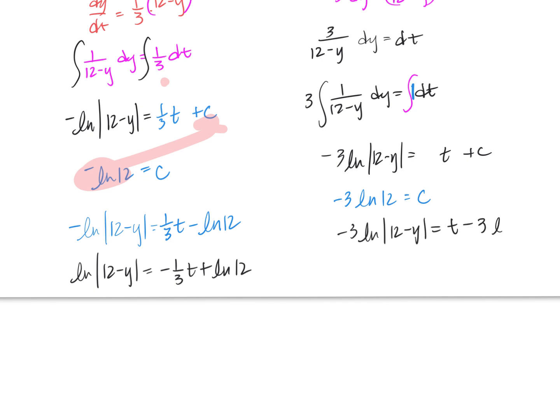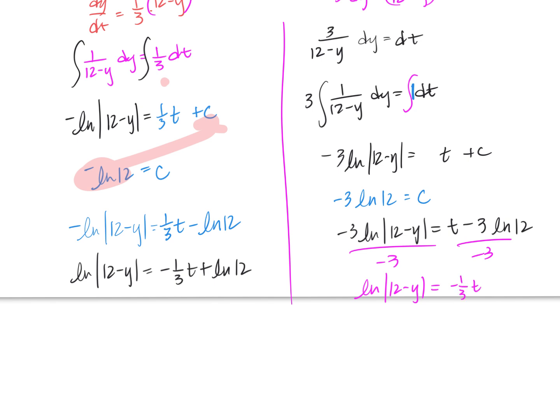Biskey, at this point, we need to divide out our negative 3 before we can take an e of this side. So these are two different methods of solving this. 12 minus y equals negative 1/3 t plus ln of 12. And look at this, we're at the exact same point now. These negative 3's cancel out, and now we're at the same step.